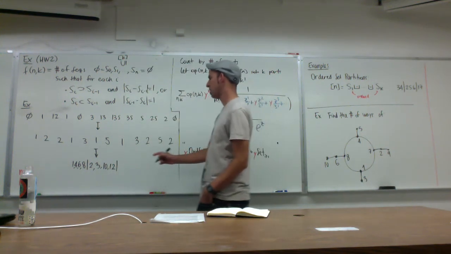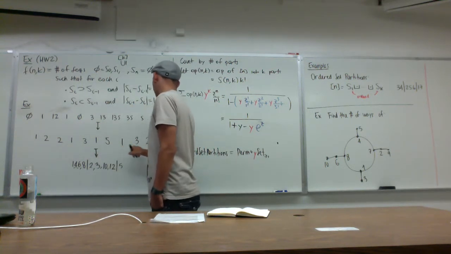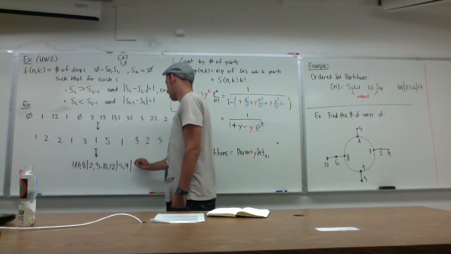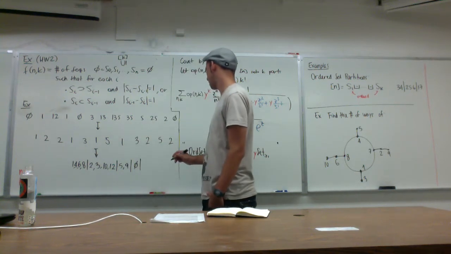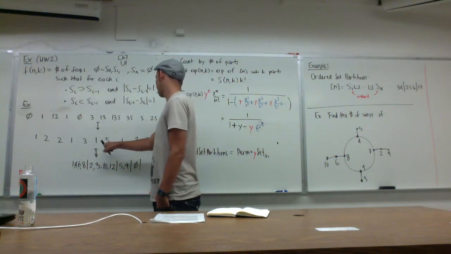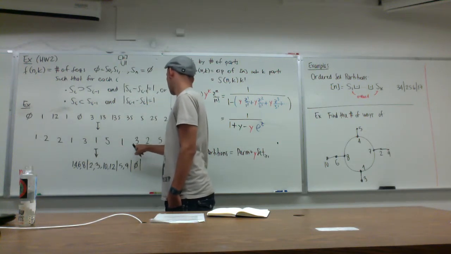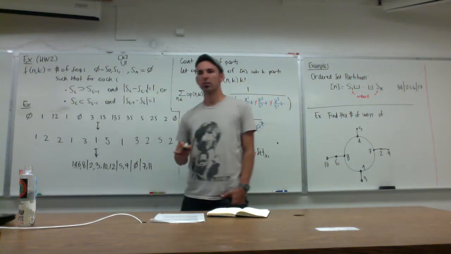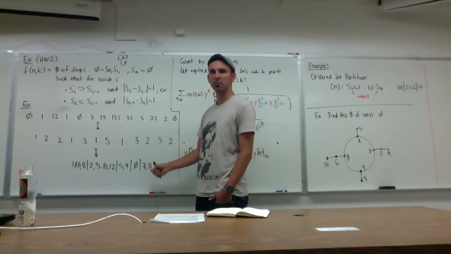Where are the 3s? 1, 2, 3, 4, 5, 6, 7, 8, 9. That's it. Where are the 4s? There's no 4s. Where are the 5s? 1, 2, 3, 4, 5, 6, 7, 11. Okay? And again, it's clear that this correspondence from here to here is bijective.